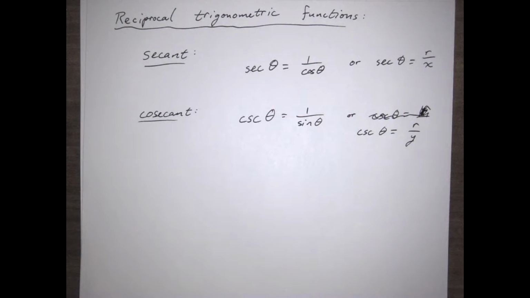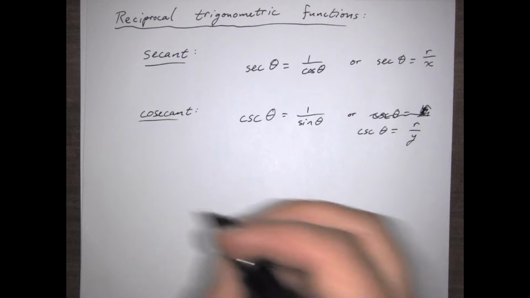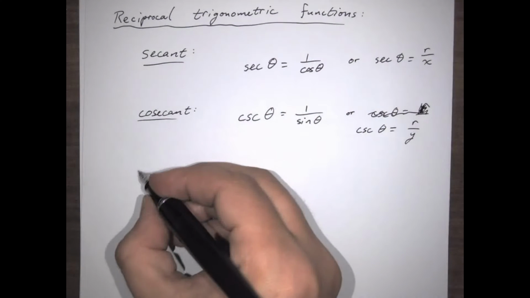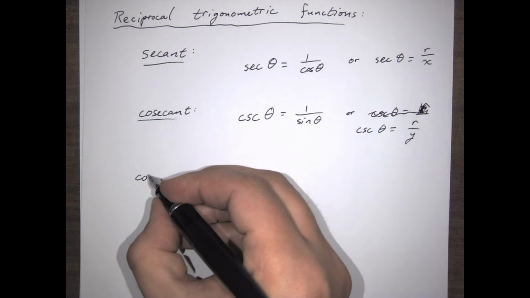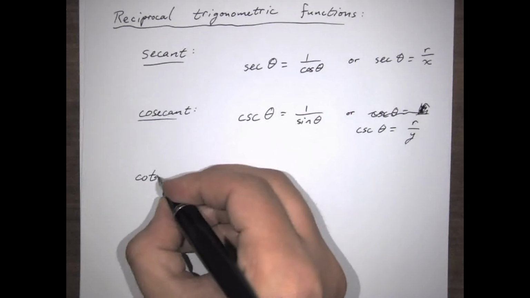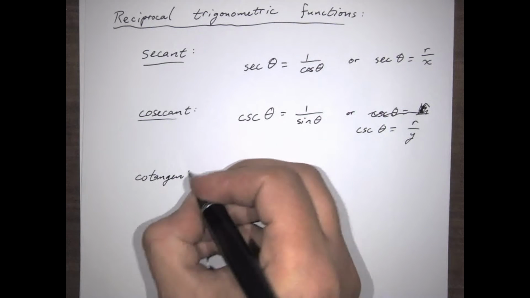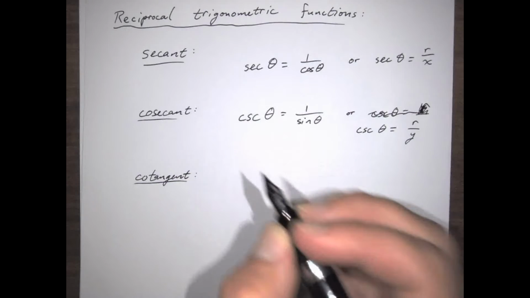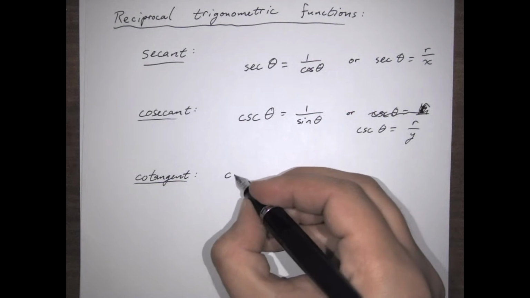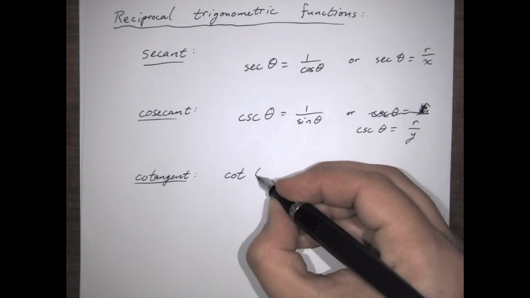Okay, so we are 5/6 of the way there. There's just one trigonometric function left, and that is the complementary function to the tangent called the cotangent. So, we write cotangent, COT.